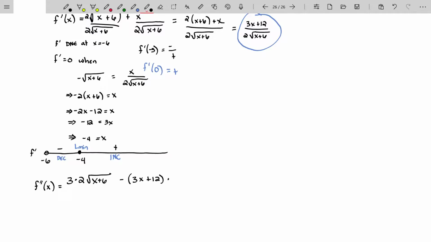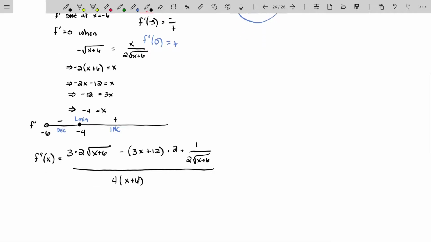Well, that's 2 times, because 2 is just the constant, the derivative of that square root, which is 1 over 2 root x plus 6, and the derivative of x plus 6 is 1. It's a multiplication sign right there. And this is all over that denominator squared. So 4 times the quantity x plus 6.